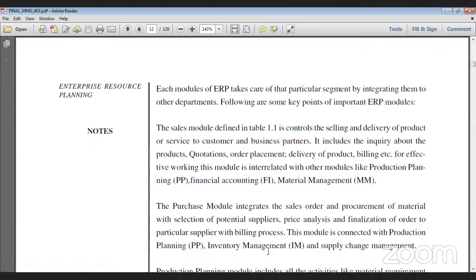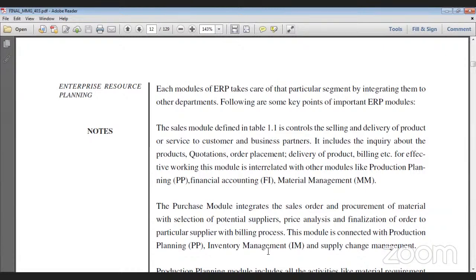Each module of ERP takes care of that particular segment by integrating it with the other departments. Following are some of the key points of important ERP modules. The first is the sales module defined in the table. It controls the selling as well as distribution of products or services to customers and business partners.